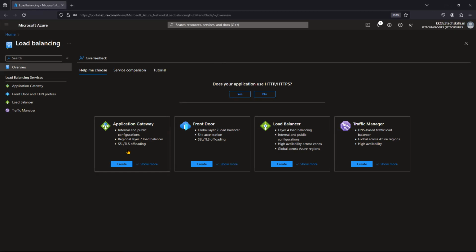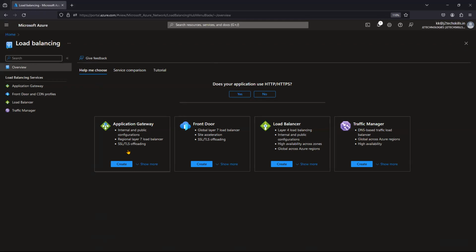The second thing is that Application Gateway supports Azure services, virtual machines, and everything as a backend pool. Especially, for the backend we can use Azure Kubernetes Service as well. We can't attach it directly; AKS has an ingress controller, which we need to enable and integrate with the Application Gateway.